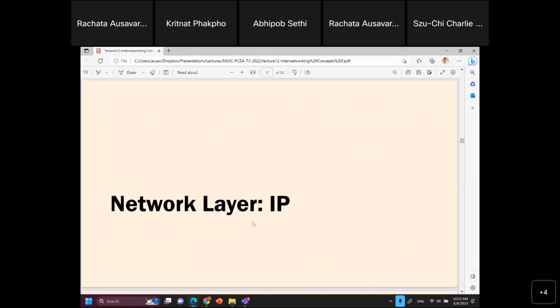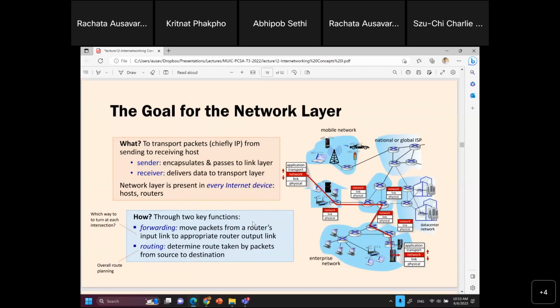All right, now, any questions before we go to the network layer, the IP? All right, so now let's look at the network layer on more of the theoretical side of things, right? What are they? They are designed to transport packets.